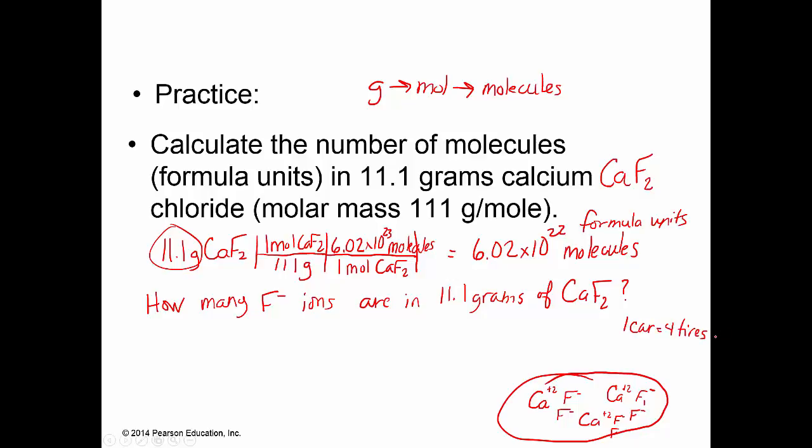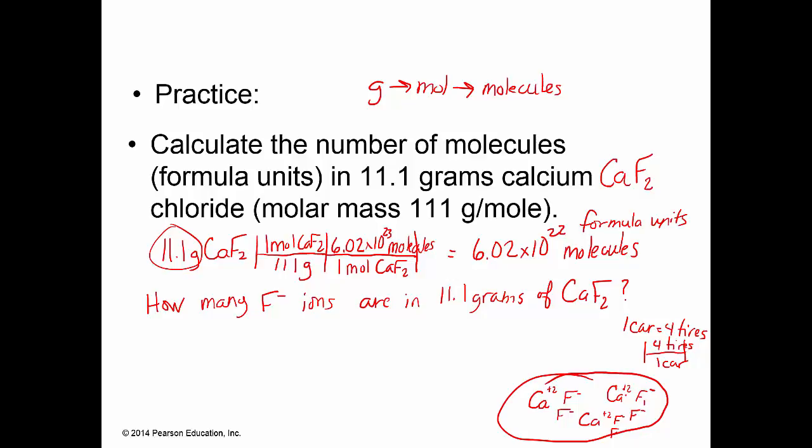So you would just take however many cars you have and multiply it by the number of tires per car. If you had 100 cars, we could set it up, and you would say, well, 1 car is 4 tires. So take your cars and multiply them by tires, and that's how many tires you have. You're doing exactly the same thing. We're just dealing with a number that's so incredibly big that sometimes you let that freak you out. You're doing the same thing.